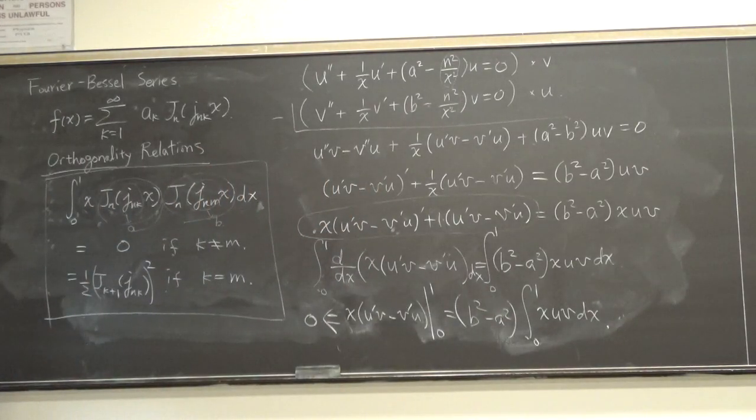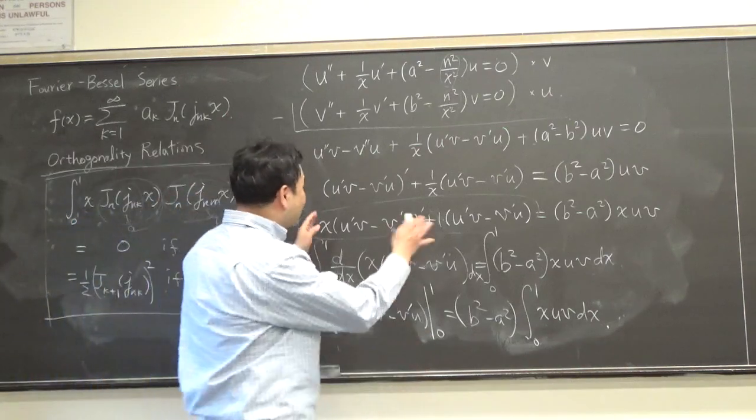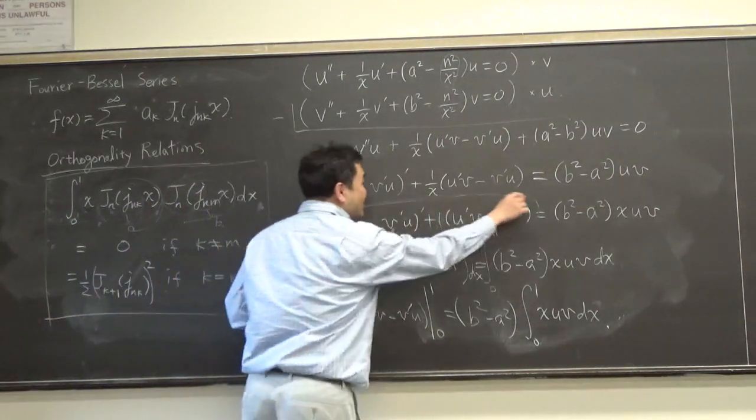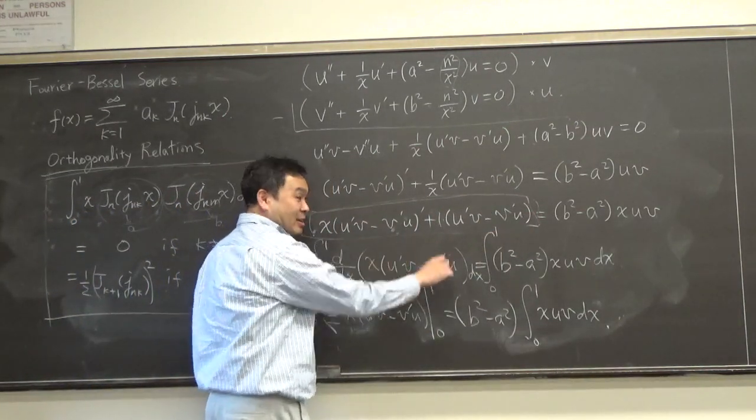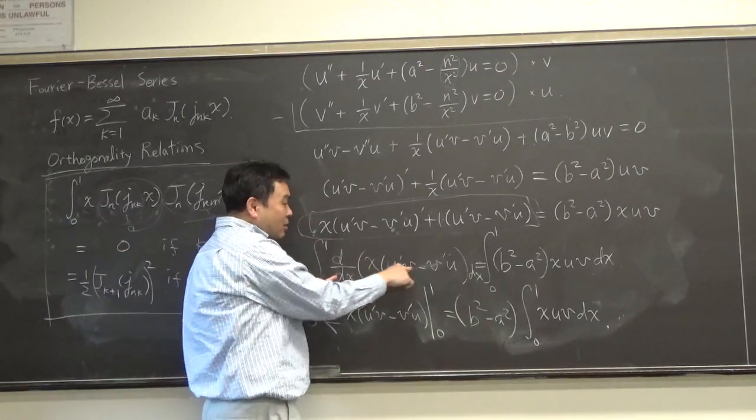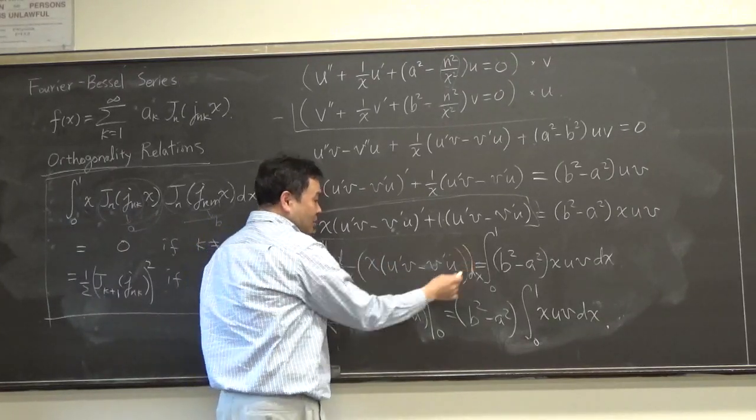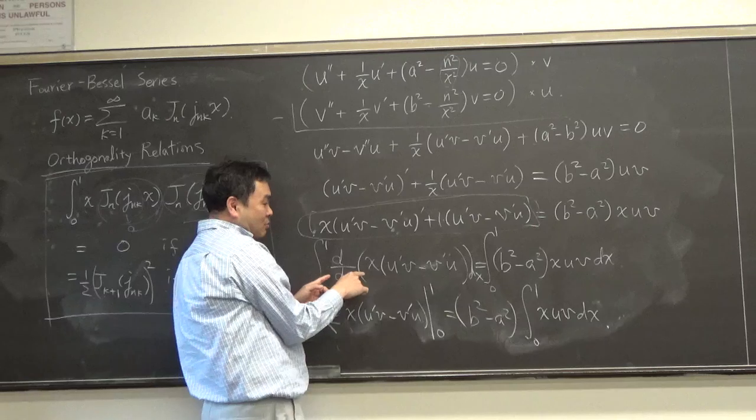Wait, I still have a question. If you take derivative first and then integral on the left side, you should do the same operation to the right side, right? No, I'm not differentiating, I'm saying that this itself is equal to the derivative of this thing. If you apply the product rule to this, what happens?